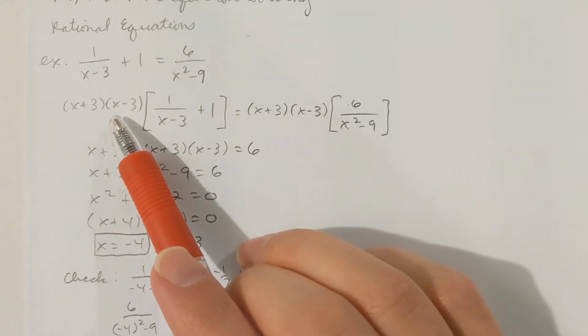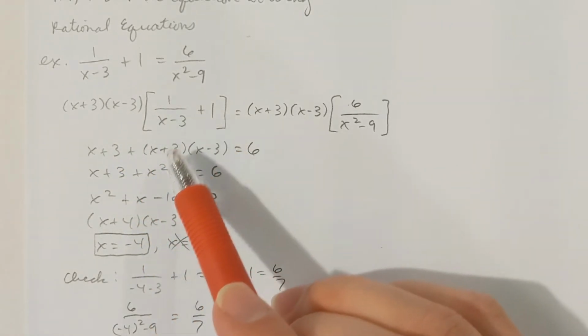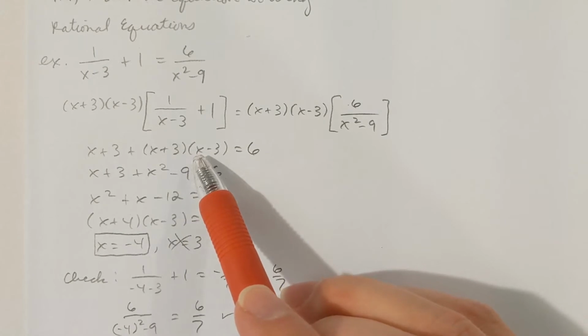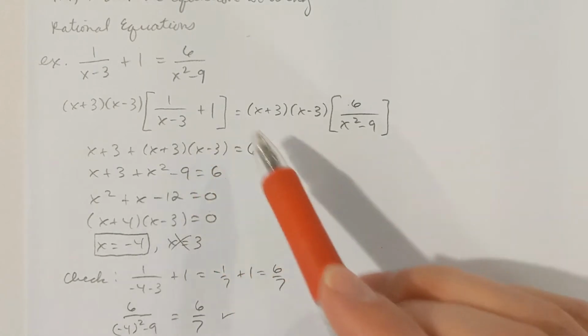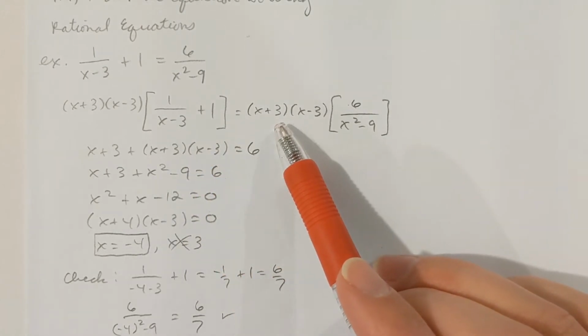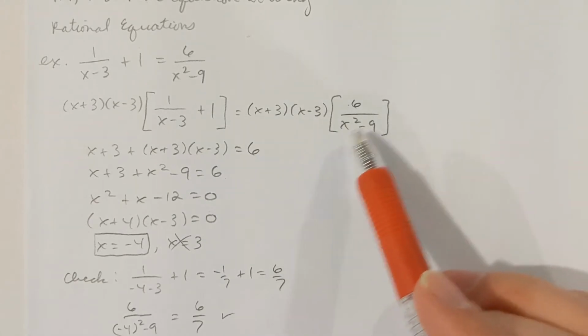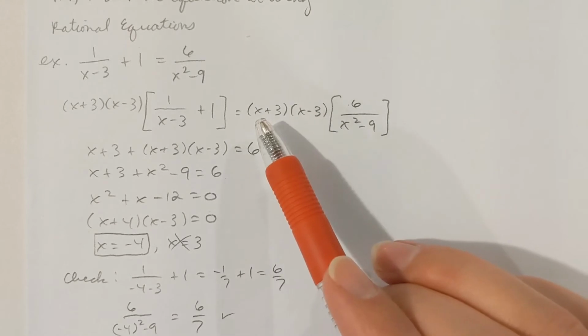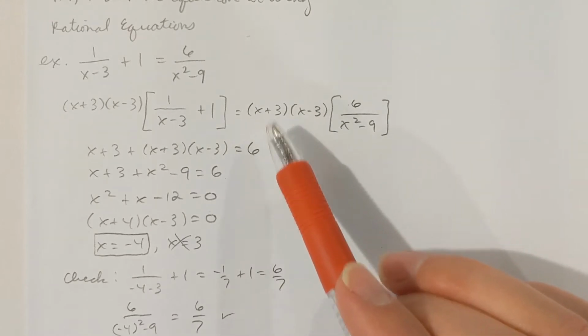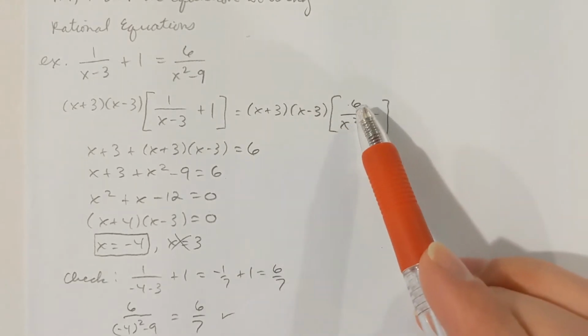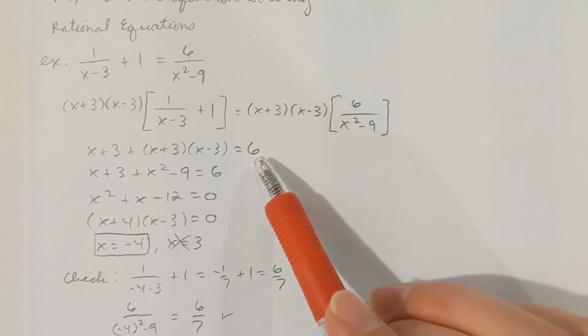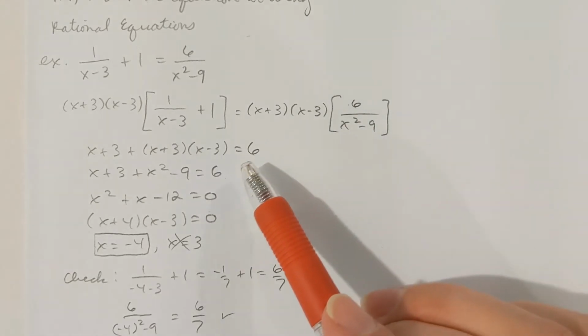And then when I distribute this into the second term, 1 times x plus 3 times x minus 3 is x plus 3 times x minus 3. On the right, x plus 3 times x minus 3 is x squared minus 9. So I've got x squared minus 9 going to cancel with another x squared minus 9 up top. And that'll leave me with just the 6 that would be left over there up top on the right.